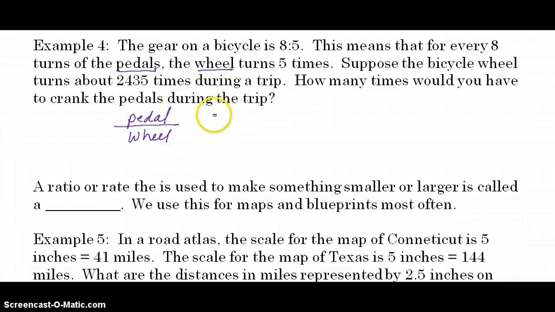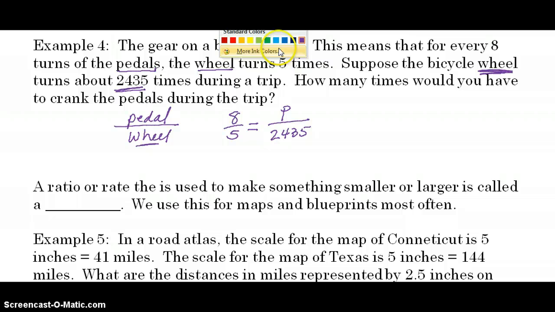So let me show you what I took from this. It's 8 to 5 for your bicycle, and then they told us we turned the wheel 2,435 times. So for wheel, I'm going to plug in 2,435, and the question is, how many times did I have to turn the pedal? So that's what I'm looking for. So I will use cross product. I always like to highlight that and show you how I'm cross multiplying here.